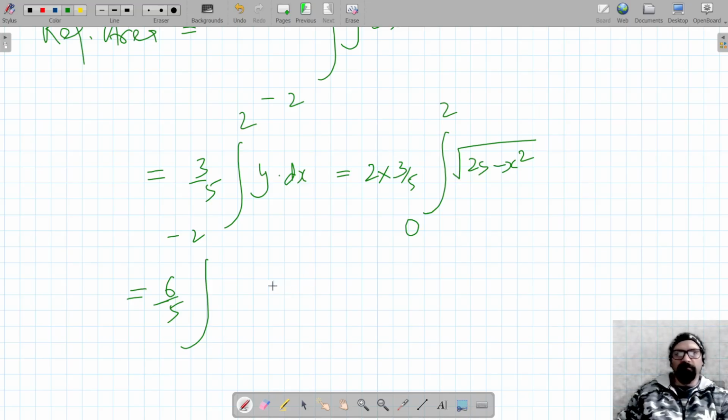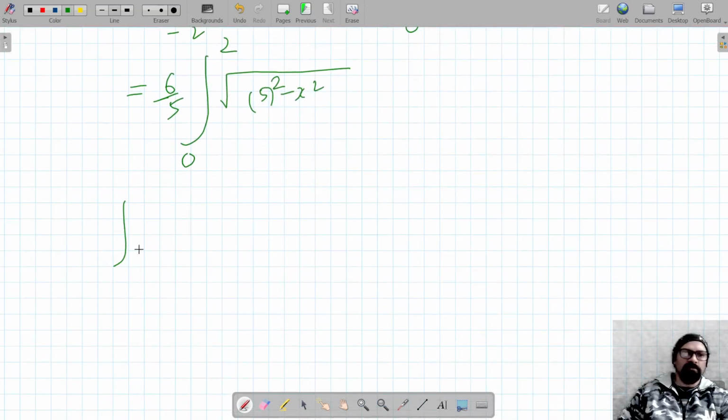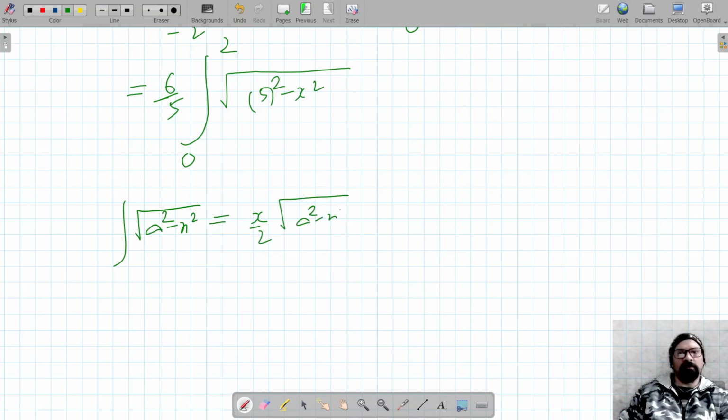Now this is of the form a square minus x square. And we know that the integration of under root a square minus x square is x by 2 under root a square minus x square plus a square by 2 sine inverse x by a.